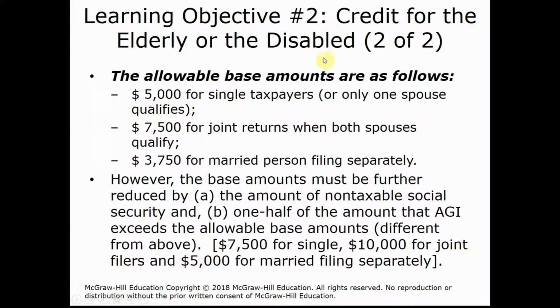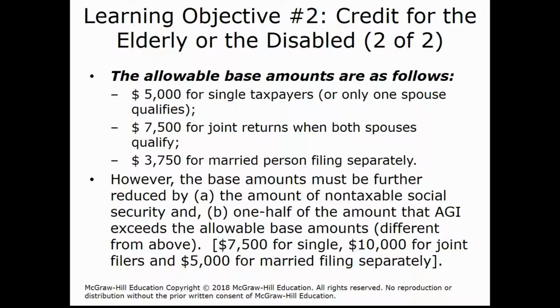If we drill a little bit deeper into the credit for elderly or disabled, I talked about the allowable base being different depending upon how you file. For single taxpayers, $5,000 is the allowable base. It goes up to $7,500 for joint, when both spouses qualify, down to $3,750 for a married person filing separately.